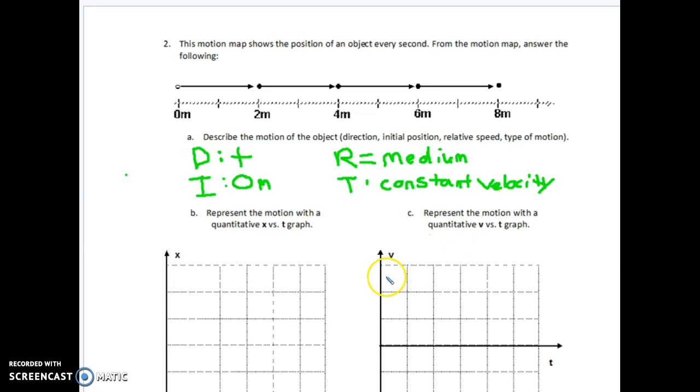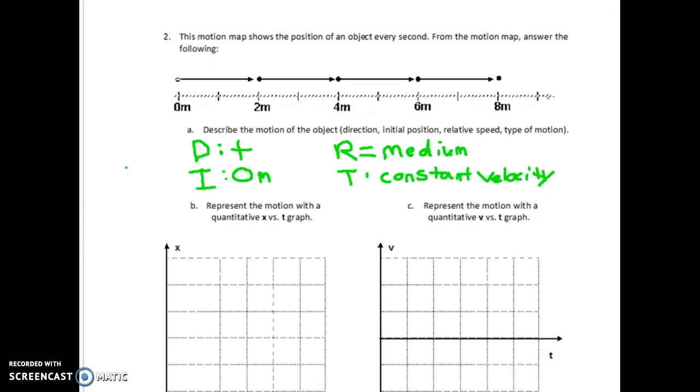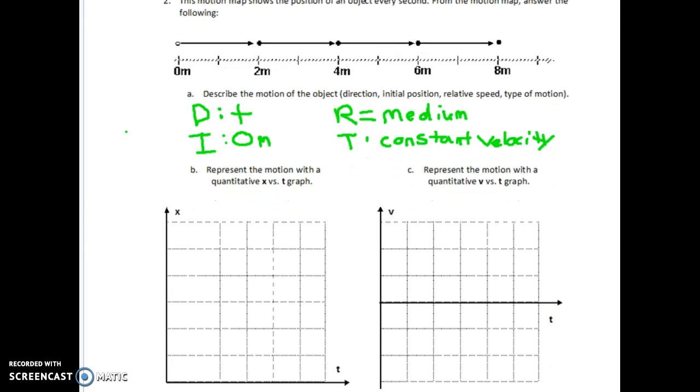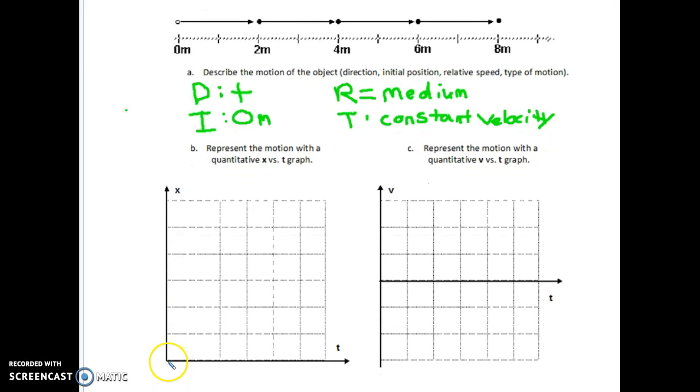All right, next up I am going to try to represent the motion with a quantitative position versus time graph. The way that I'm going to start this, I'm going to put a dot at position 0, time 0. And then I see at time 1 second, I'm at position 2 meters.